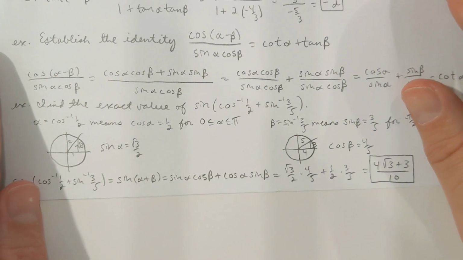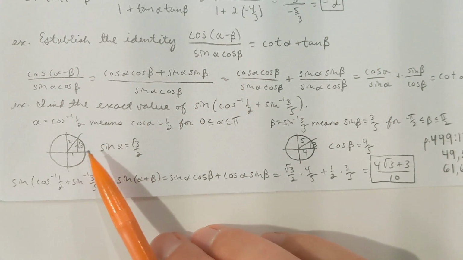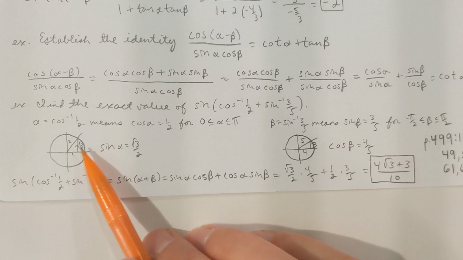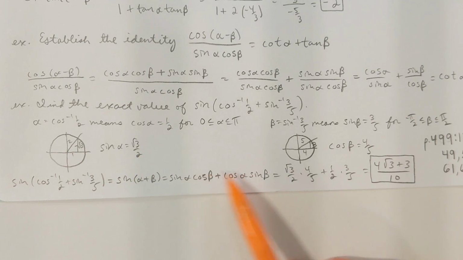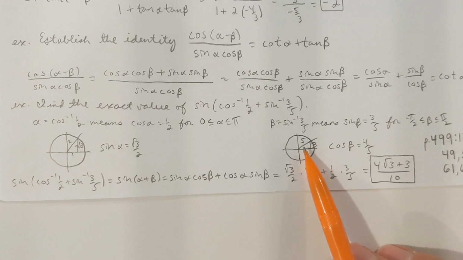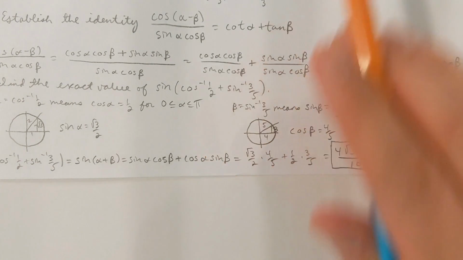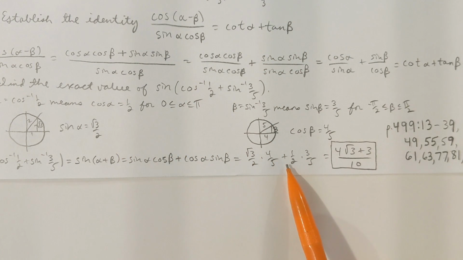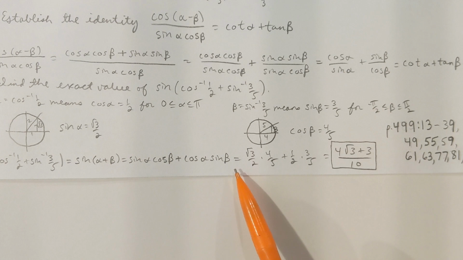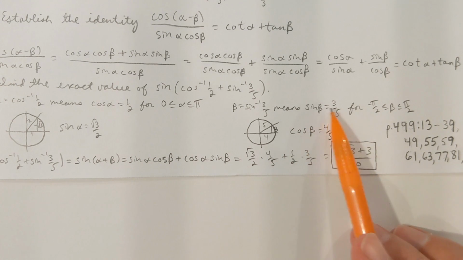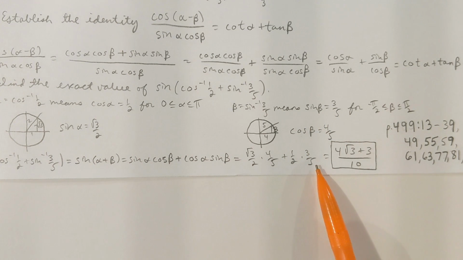Sine of alpha, well, here's my angle alpha, opposite over hypotenuse, that'd be root 3 over 2, times cosine beta, here's angle beta, adjacent over hypotenuse, that'd be 4/5, plus cosine alpha, well, cosine alpha is 1/2 from earlier, and then times sine beta is 3/5, again from earlier.